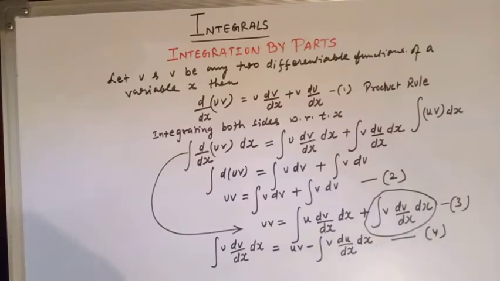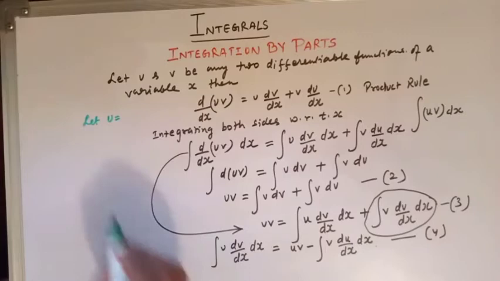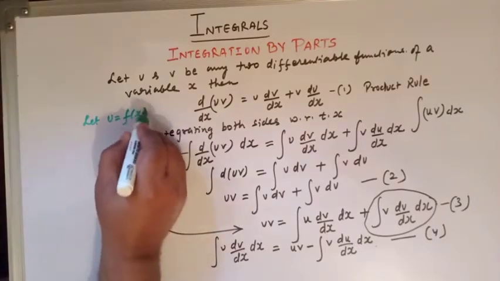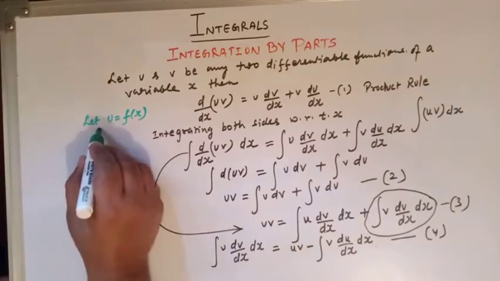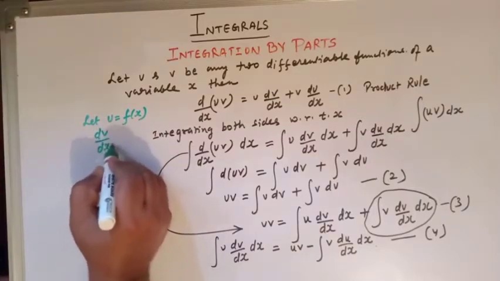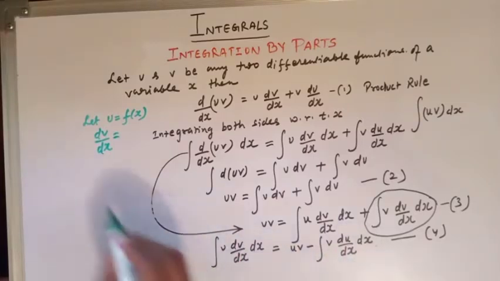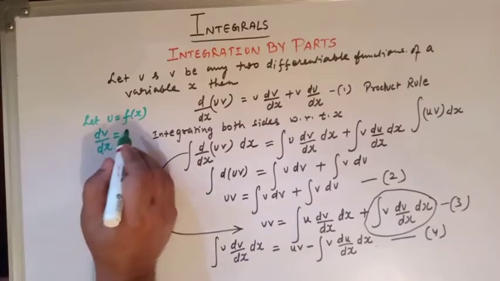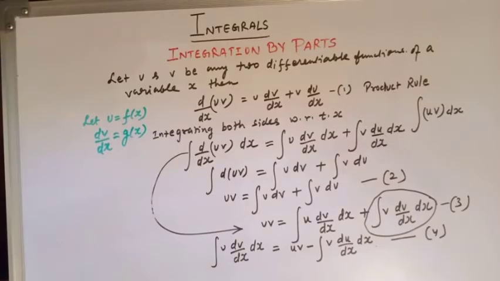Now viewers, here we will assume that this function u is some function f of x. Clear? And dv by dx, that is the derivative of v with respect to x, is equal to some other function g of x. Clear?